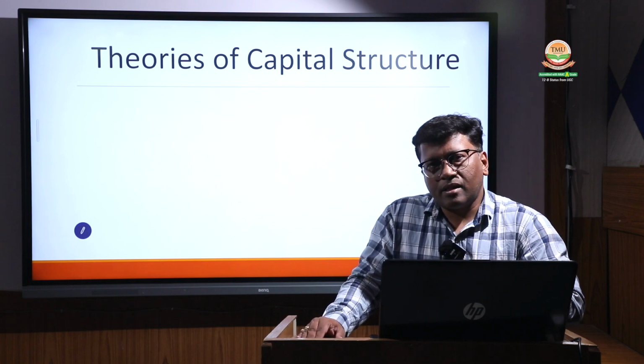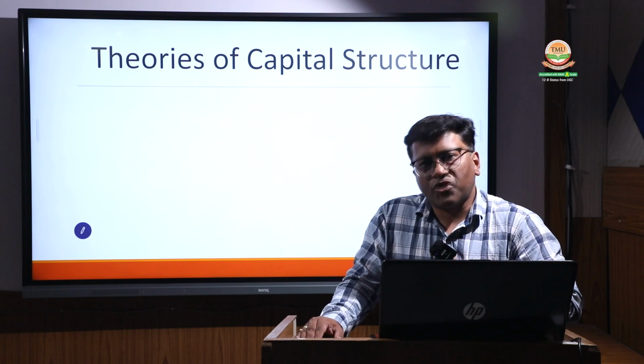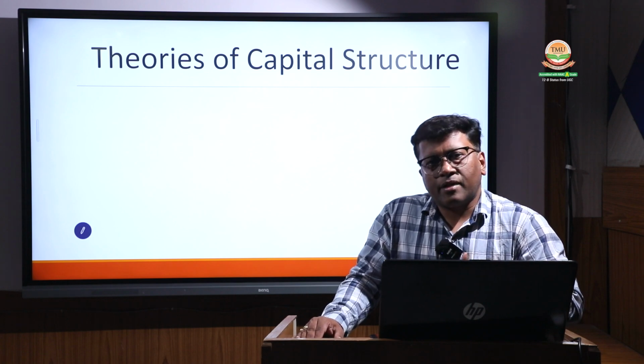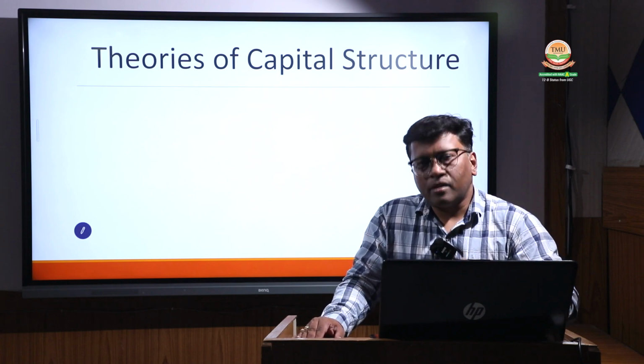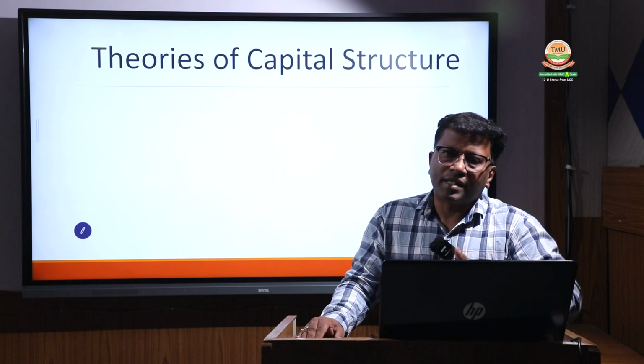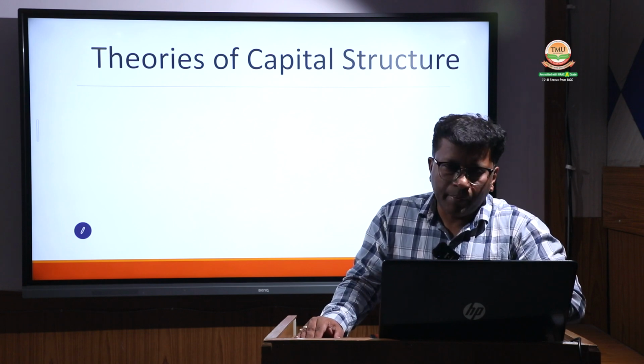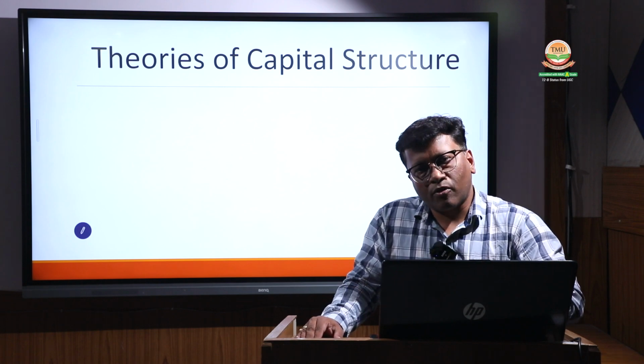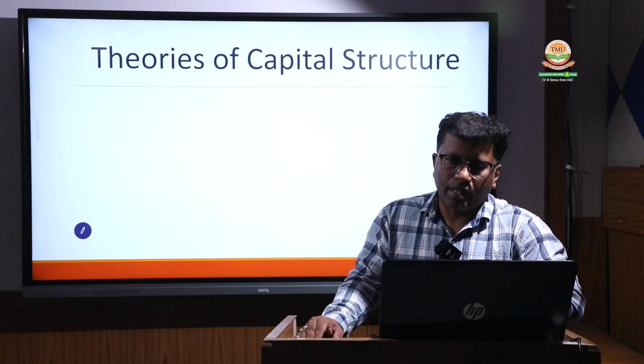As you see, some of the firms are issuing shares in the market, and some are issuing debentures, or they are using debt capital along with equity capital. It means they are making a proportion of debt capital as well as equity capital.